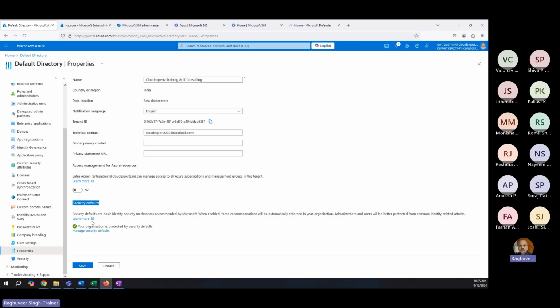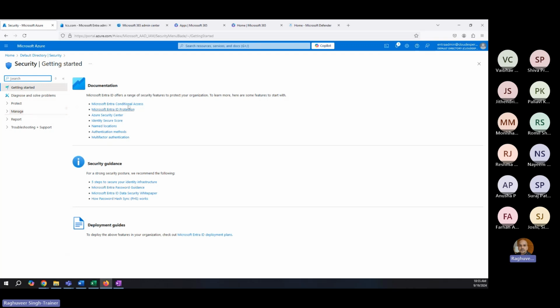Security defaults are enabled by default in all Entra tenants when you sign up to Entra or to Azure. However, when you want to manage security yourself by configuring any of the services that fall under the security tab here, such as conditional access or any other security services, then Microsoft security defaults must be disabled because you are taking ownership and configuring advanced capabilities.